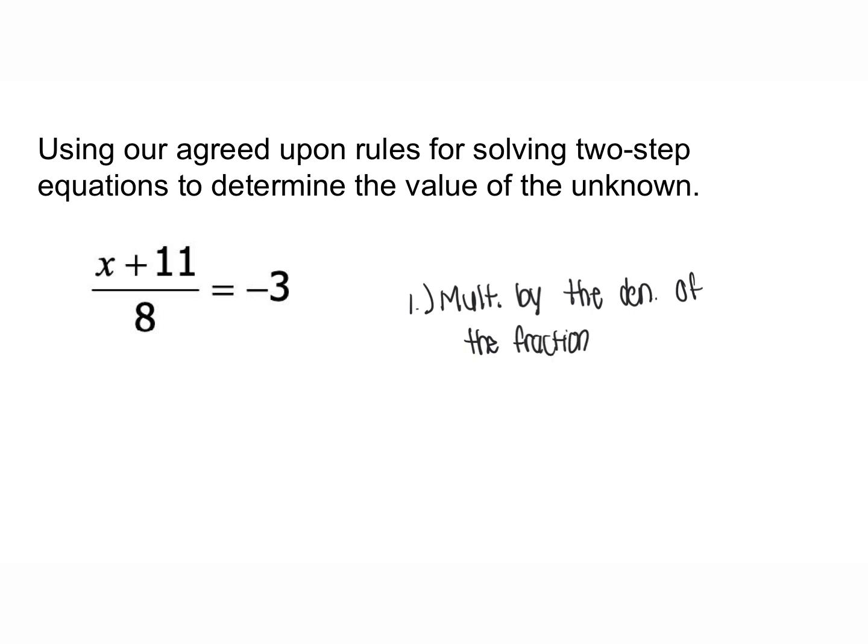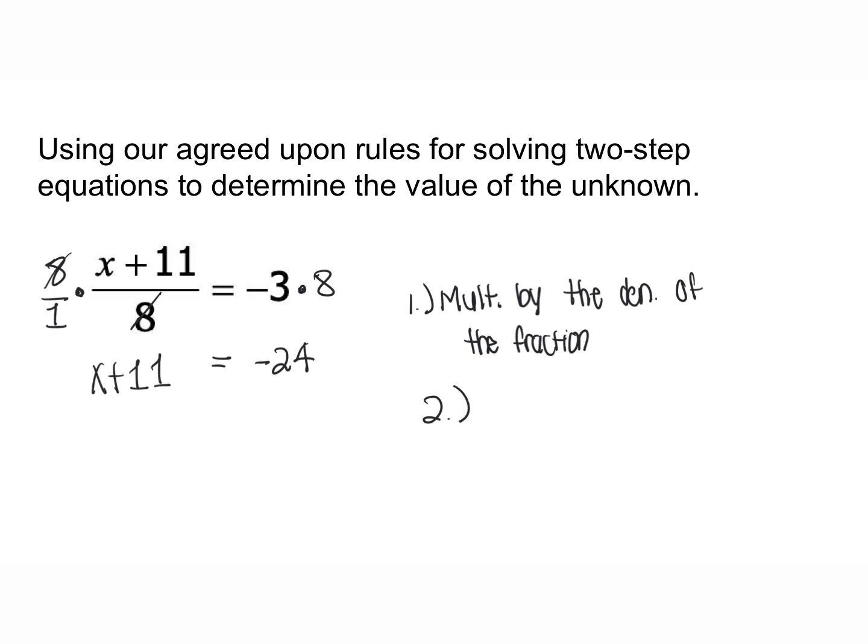So that will be 8. So we're going to multiply both sides by 8. Negative 3 times 8 is negative 24. On the right-hand side, this actually cancels. And it's just left as x plus 11 is negative 24.